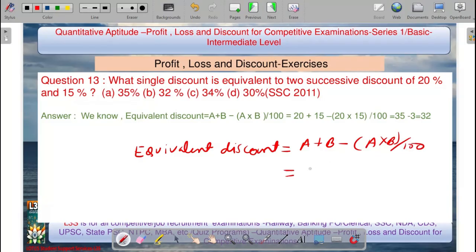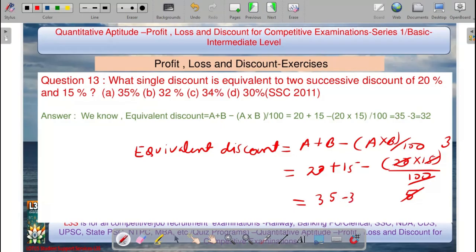The two successive discounts are 20% and 15%, so 20 into 15 by 100. This will be 3. So 20 plus 15, 35 minus 3 is equal to 32%. So this will be the correct answer here.